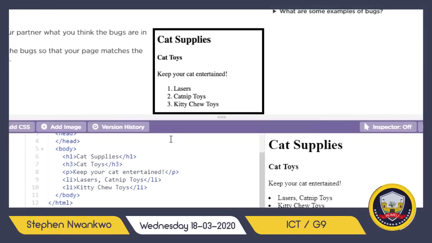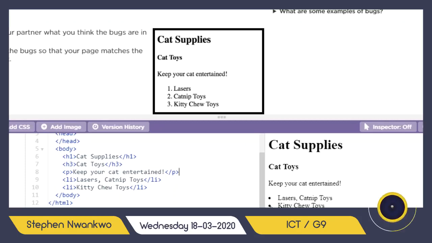Now in your previous lessons, we have the ordered list and the unordered list. Ordered list means arrangement using numbers, while unordered list means arrangement using bullets. So this is unordered list, UL. Why this is ordered list, OL.